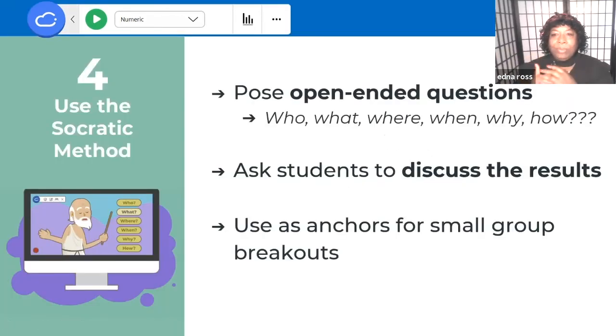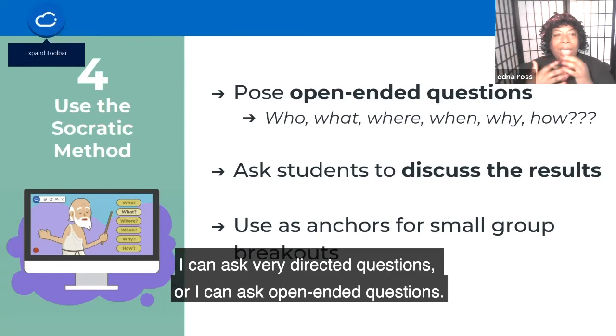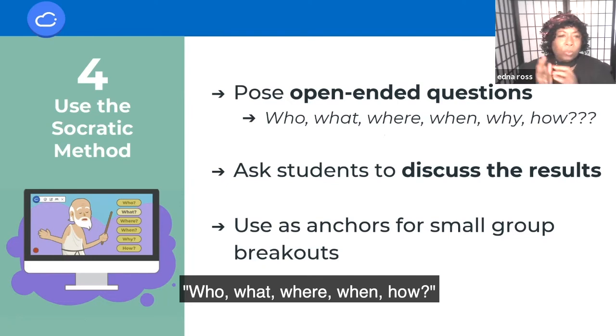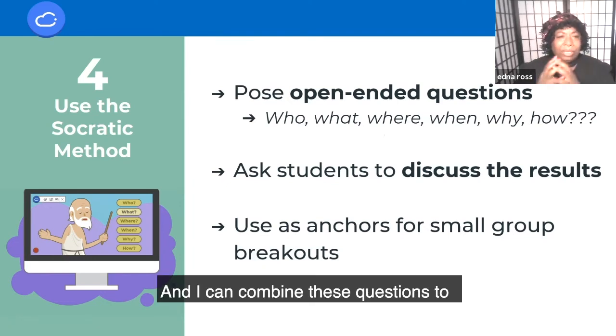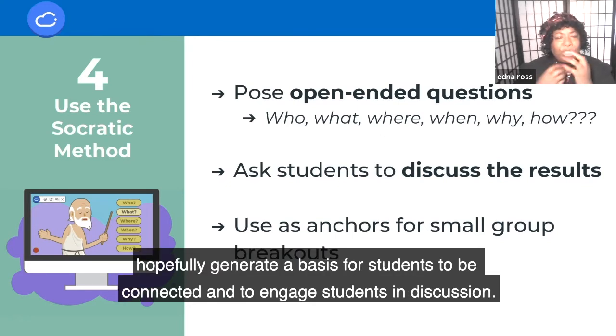So you see, I can ask very directed questions, or I can ask open-ended questions. Who, what, where, when, how. And I can combine these questions to hopefully generate a basis for students to be connected and to engage students in discussion.